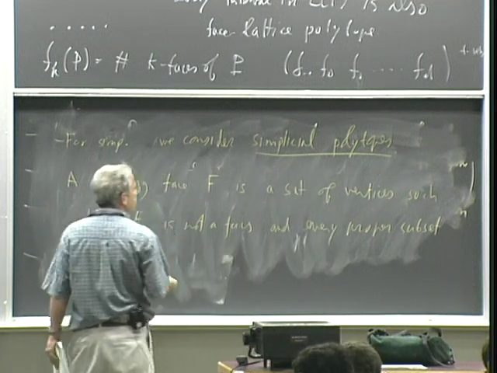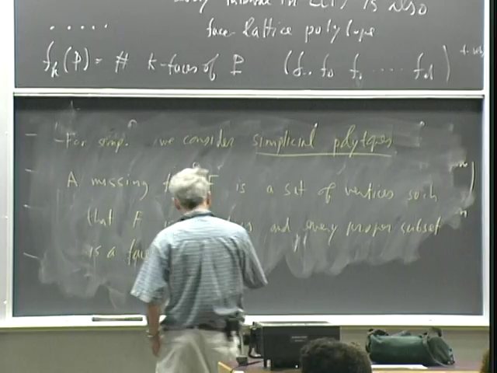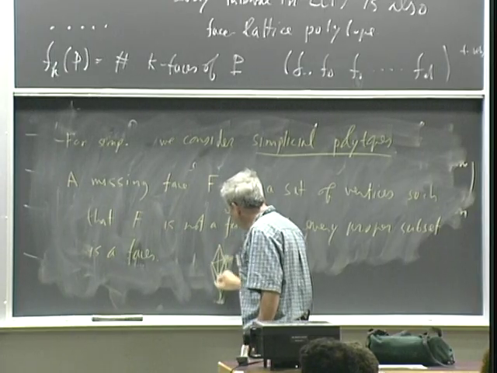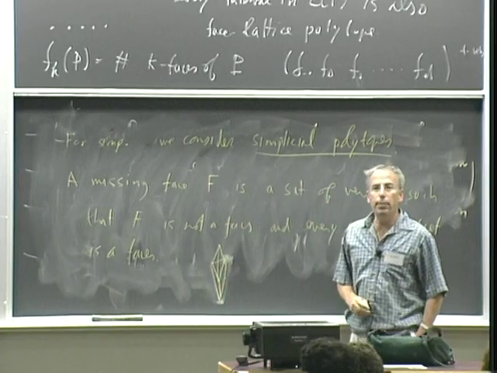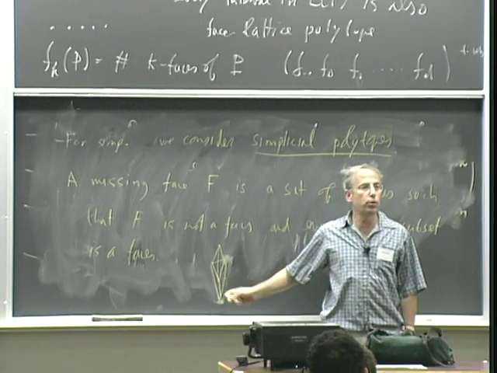So missing faces are important in various studies and various issues concerning convex polytopes. For example, let's see what the missing faces are. Take this double pyramid with a triangular base. What are the missing faces of this polytope?